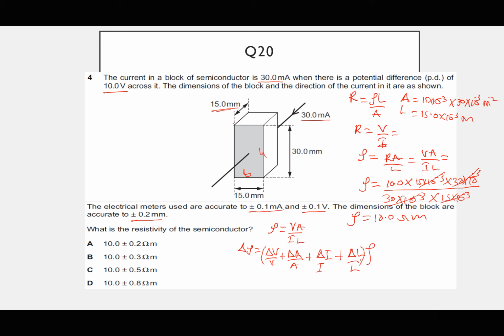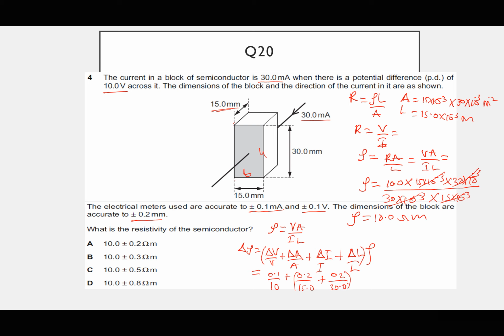Now I'm substituting. The absolute is equal to, for V, 0.1 volt divided by 10, plus, for A, I have breadth and height. In each it is 0.2, so 0.2 divided by 15.0 plus, the height, also 0.2 divided by 30.0.